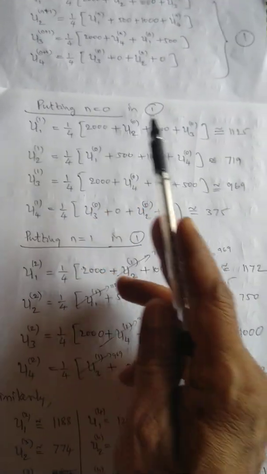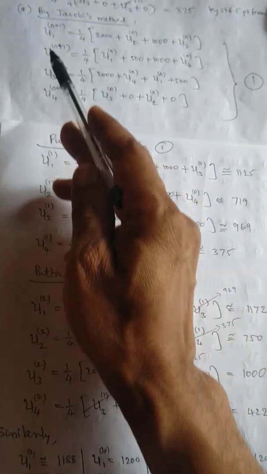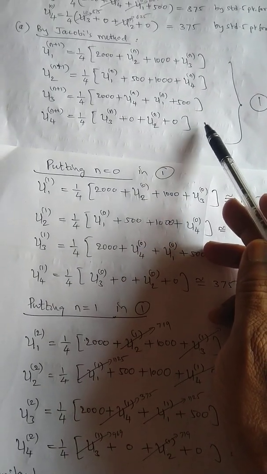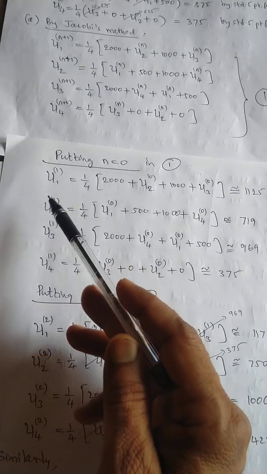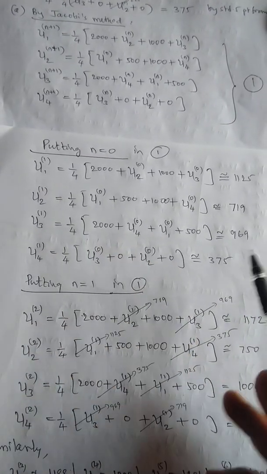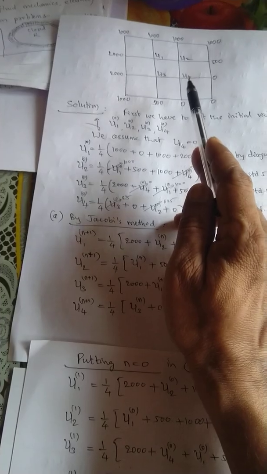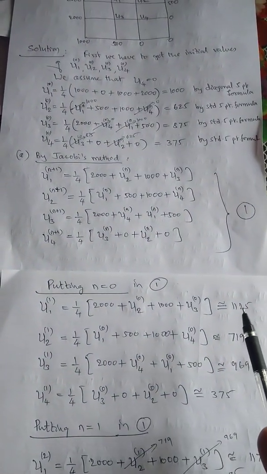This is by putting n equal to 0. So putting n equal to 0 in this, we have the first approximation of the solution. First approximation of U1 is 1125.